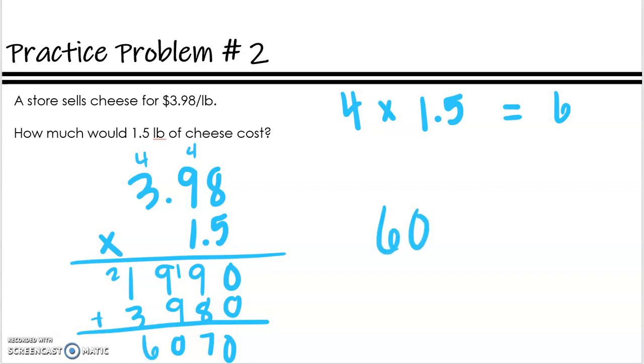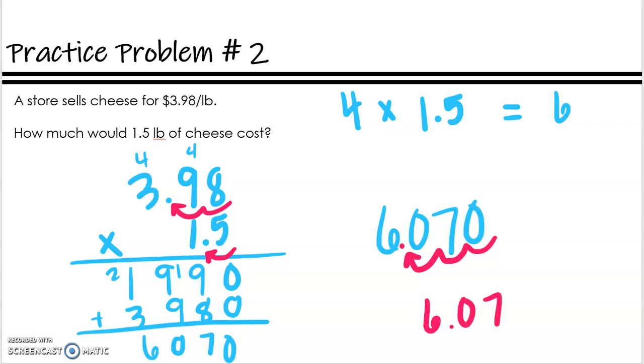So 6, 0, 7, 0. My decimal again, 1, 2, 3. And that is almost exactly 6, so I know my answer makes sense.